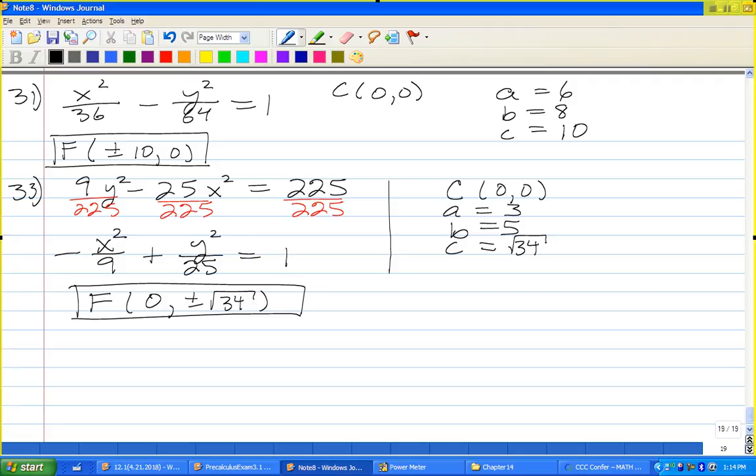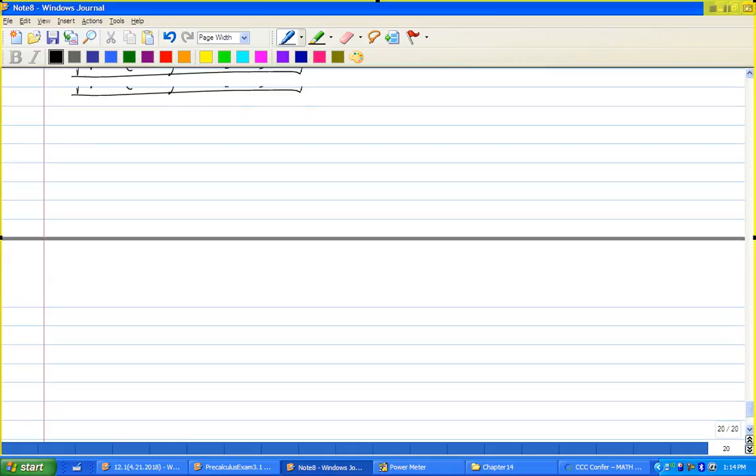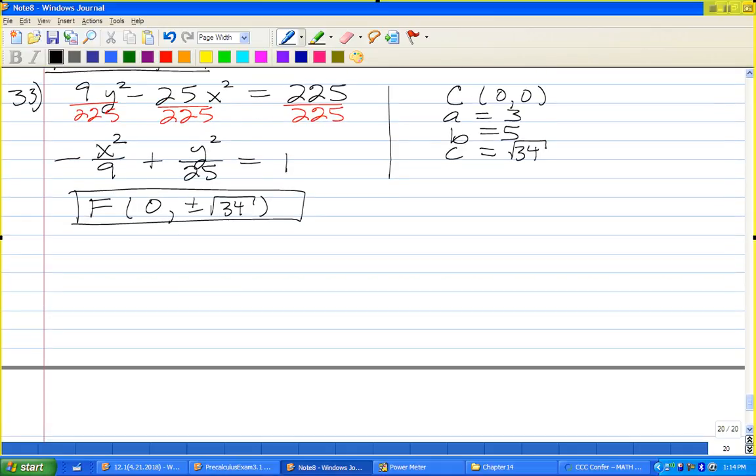35. The vertices are at plus or minus 3, 0. The foci, plus or minus 5, 0. In exercises 35 through 41, find the equation of the hyperbola satisfying the given conditions.